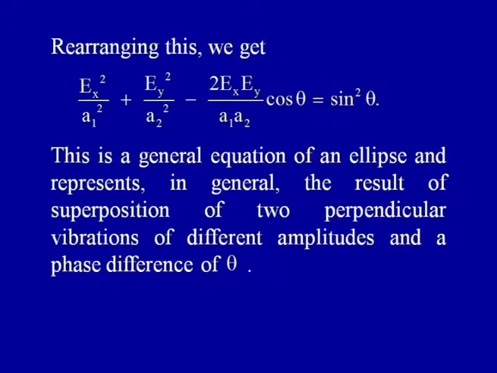This is the general equation of an ellipse, an ellipse with the center at the origin and with its major and minor axis making some angle with the coordinate axes. So, this represents in general the result of superposition of two perpendicular vibrations of different amplitudes and a phase difference of theta.